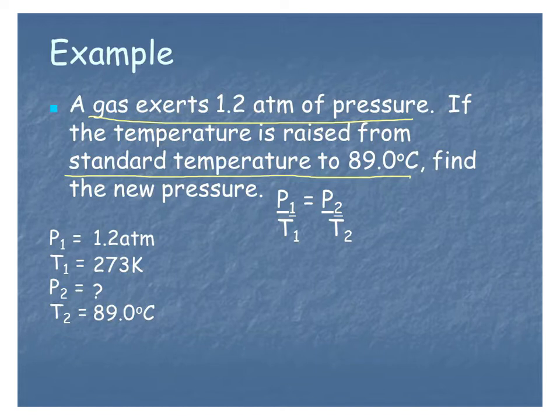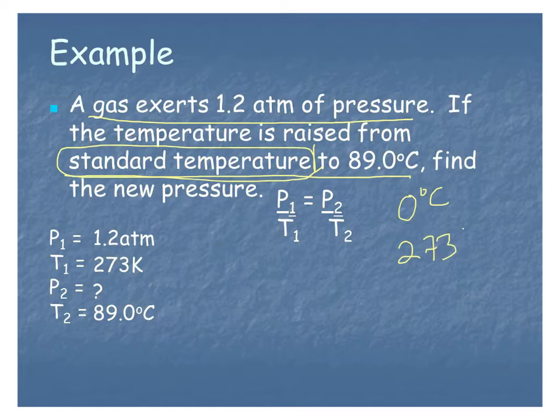So we need to understand that standard temperature, if you remember, STP is equal to 0 degrees C. And we know that because we're smart enough, we have to convert that to Kelvin, so that'll be 273 Kelvin, right?